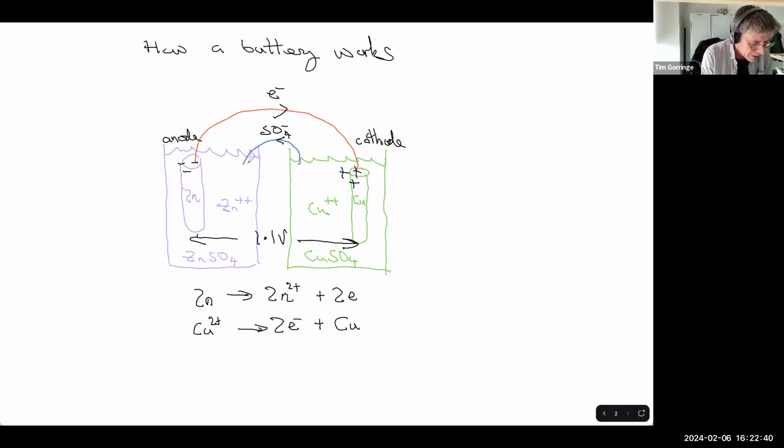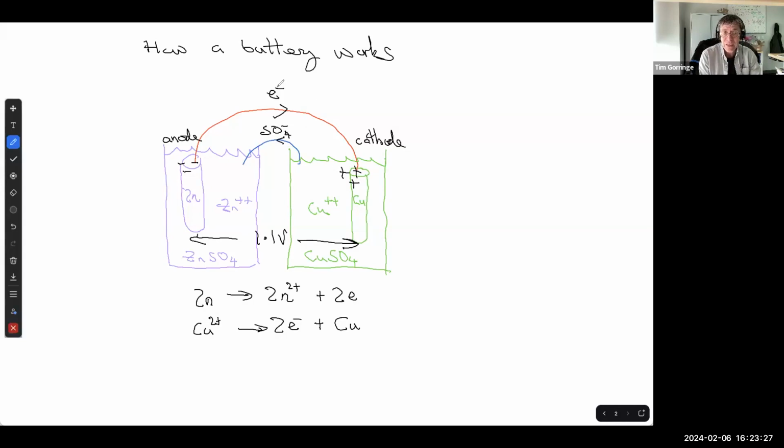There's this part here, which is called an ion path. It might be some damp paper or some damp cloth that's just draped between these 2 vessels of the zinc sulfate and the copper sulfate. But it's a path through which ions can flow, in particular the sulfate ions. The negative sulfate ions will flow from the right-hand side to the left-hand side. You can see here it's really completing a circuit.